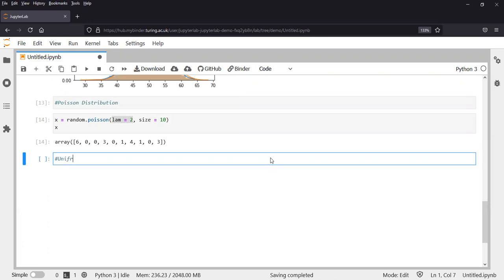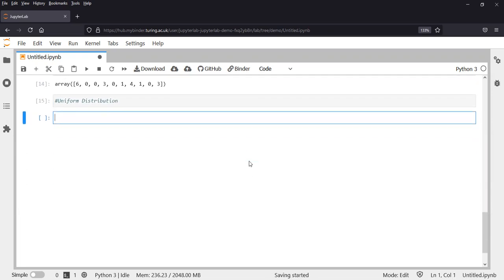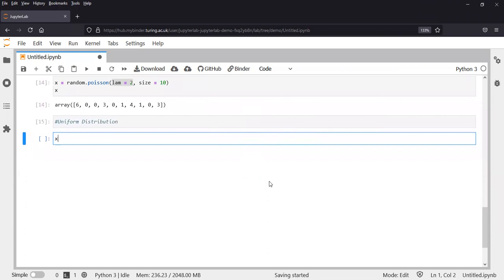Okay, the next one is the uniform distribution. This is random dot uniform.